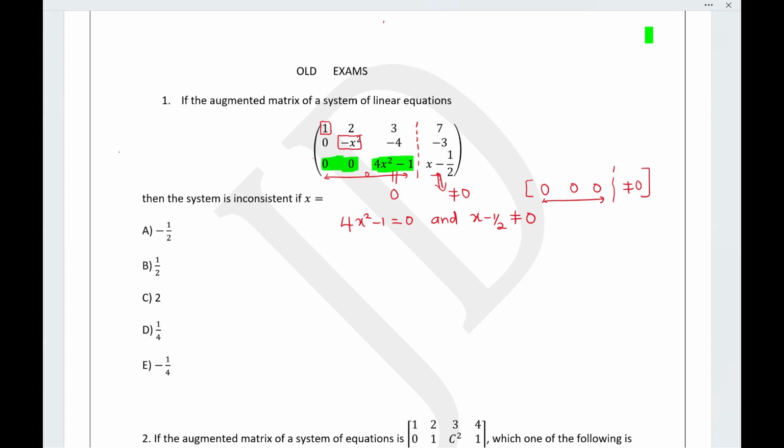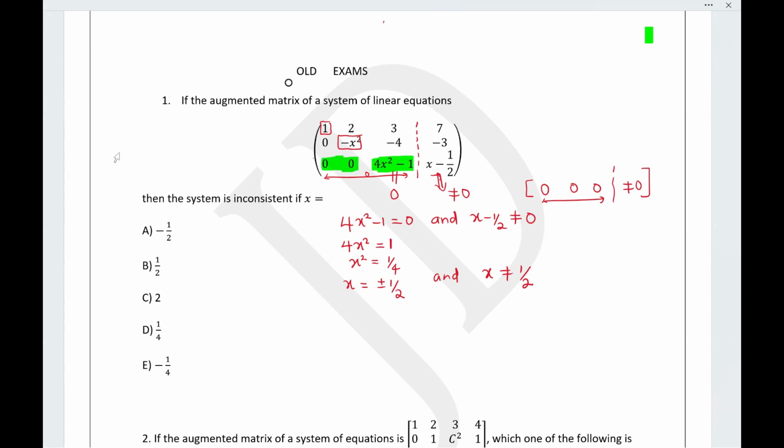Now, what does this mean? This means that 4x squared is equal to 1. So x squared is equal to 1 over 4, right? And that means x is plus or minus half. And here, x should not be 1 over 2, right?